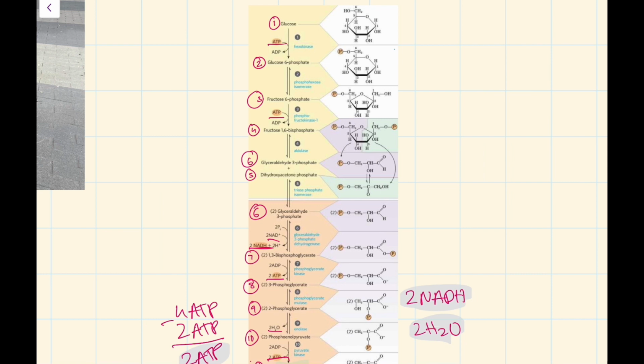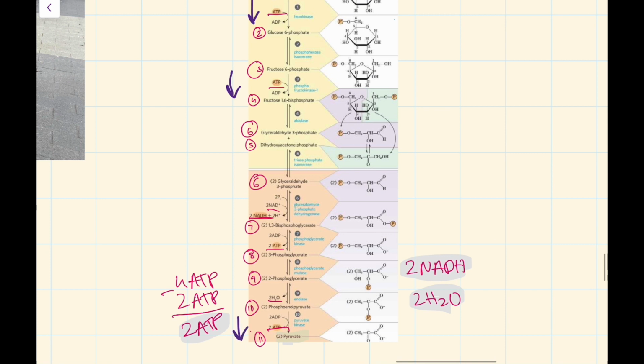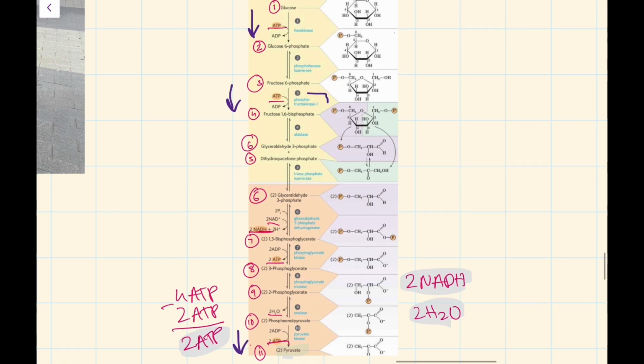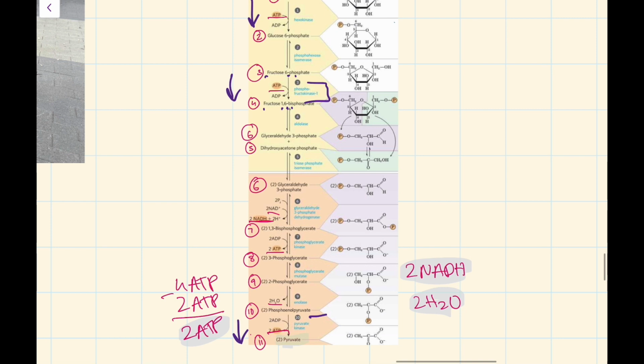So these steps are irreversible over here, and the highly regulated steps are PFK1, the conversion of F6P to fructose 1,6 bisphosphate, as well as the conversion of PEP to pyruvate. So this is the highly regulated step 1, and this is highly regulated step 2.